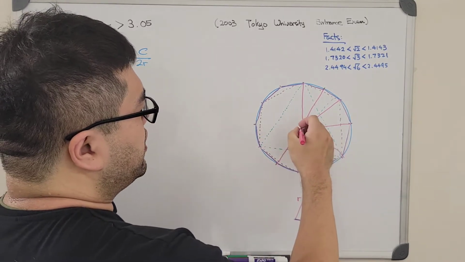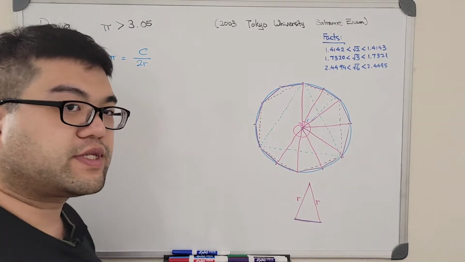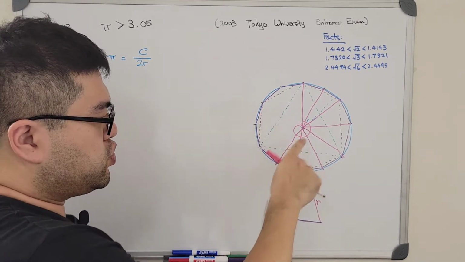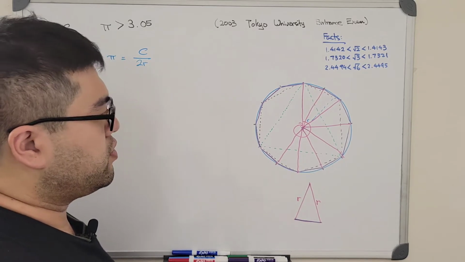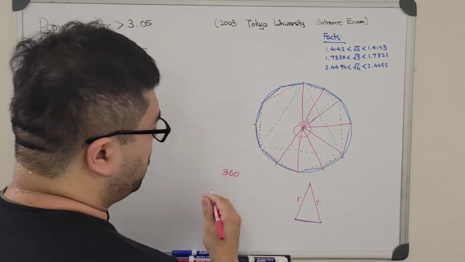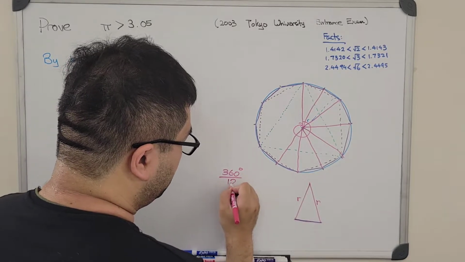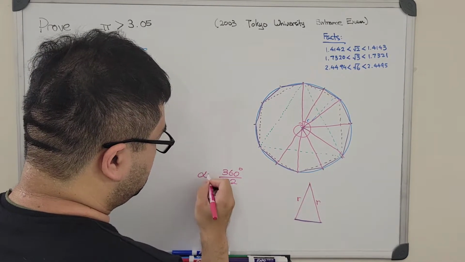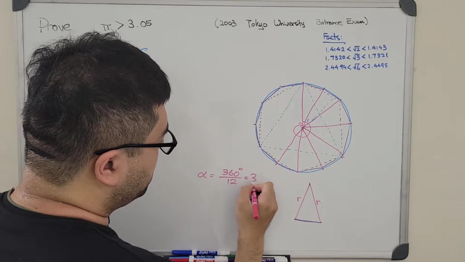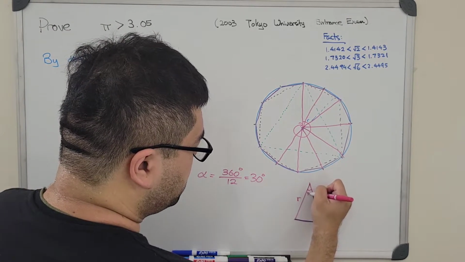So if we know that a cycle is 360 degrees, and we are now dividing up 360 degrees into 12 equal angles, then each angle will just be 1/12 of the whole cycle, 360 degrees. Let's call it angle alpha. So each angle that is pointing at the center right here is 30 degrees. Good.